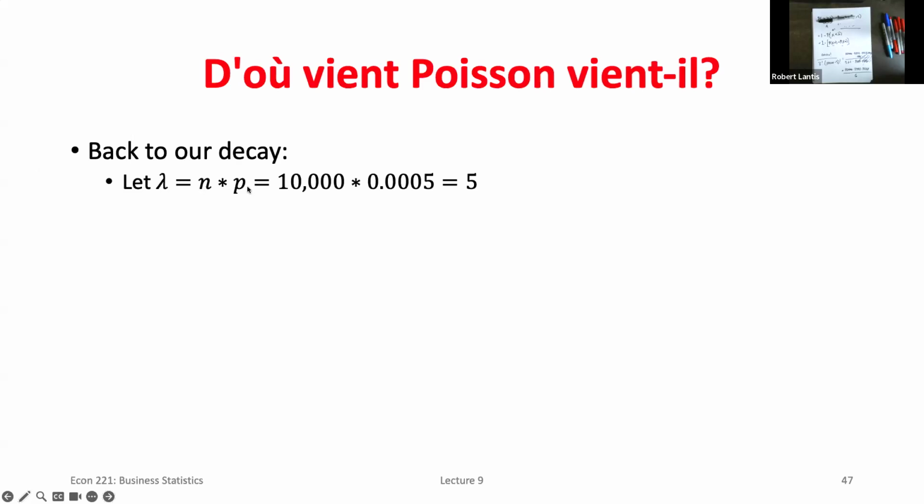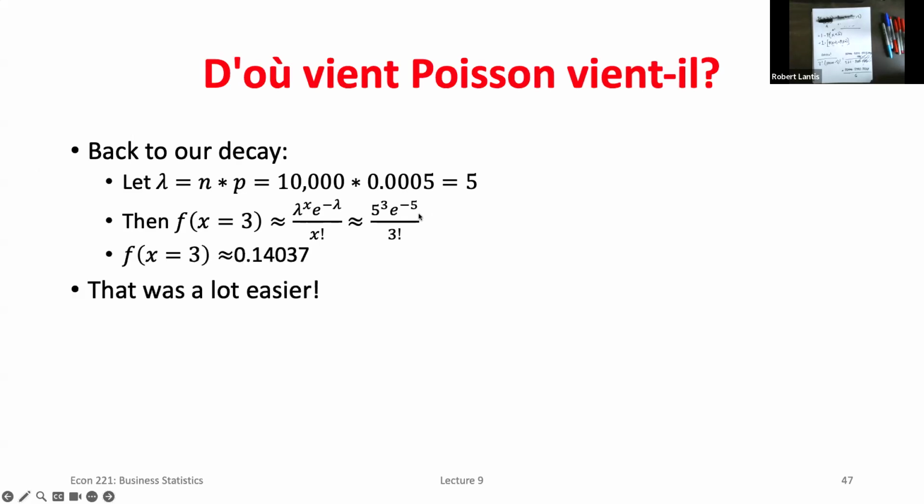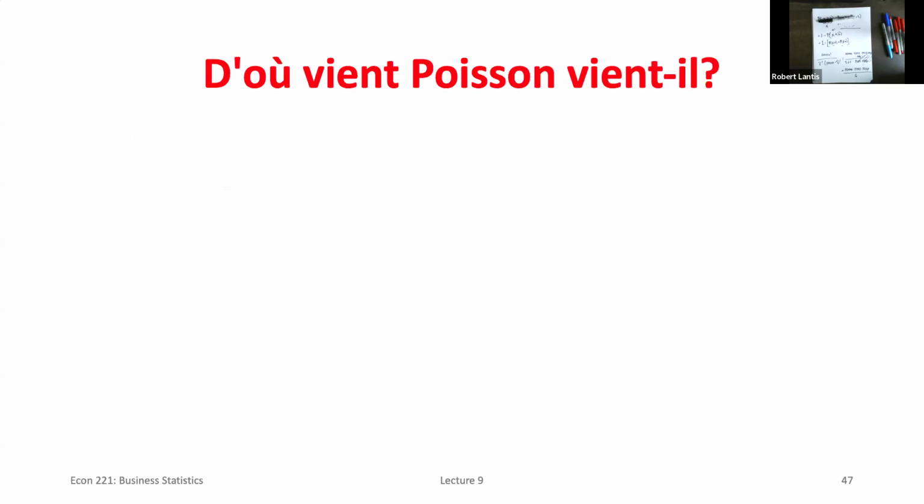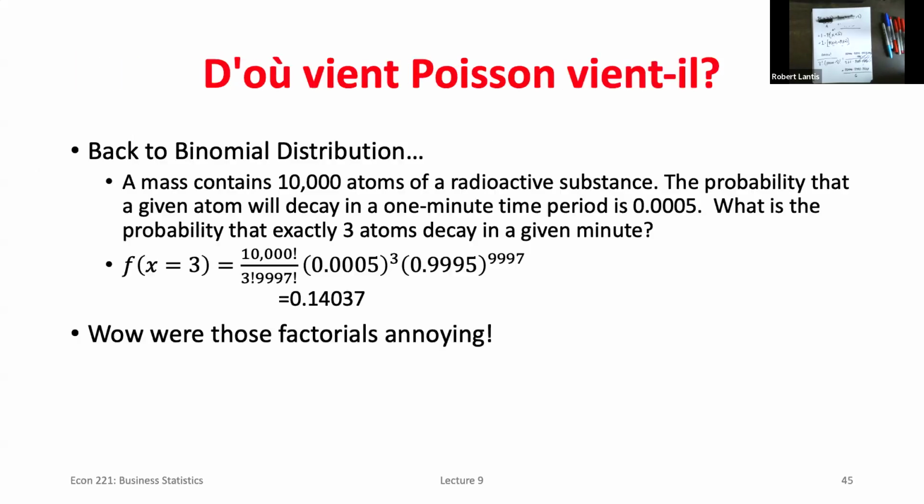N times P. So 10,000 times 0.0005, or a lambda of 5. I then ask, what's the probability that 3 atoms decay? Well, use my lambda of 5 and my number of successes as 3. If I plug this into my calculator, I get about the same thing, out to the 5th decimal. It looks no different, right?